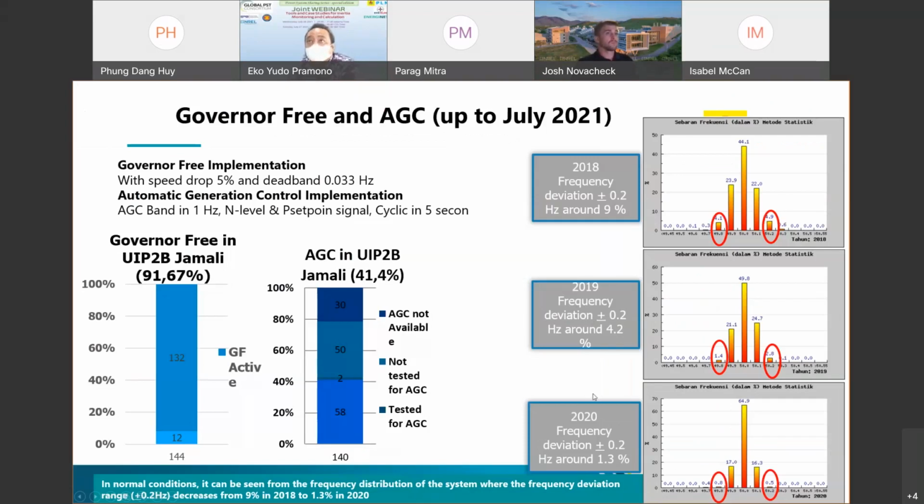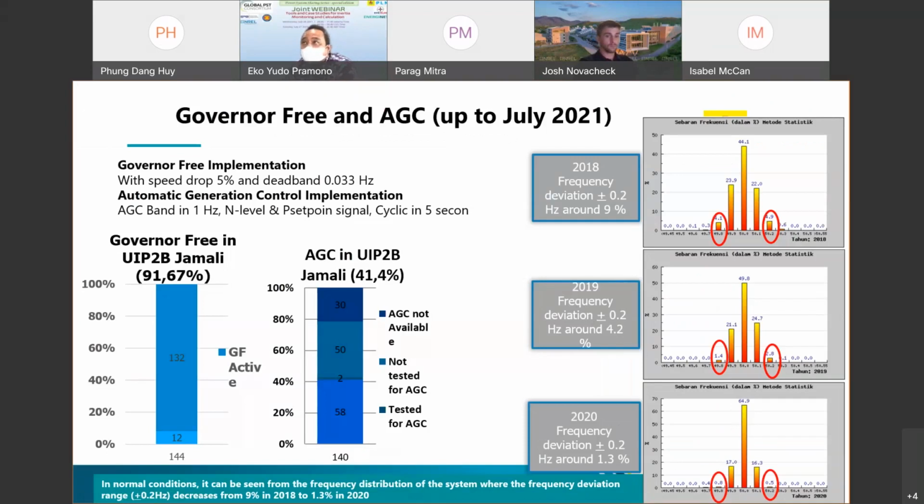This is our frequency response and frequency deviation after we made improvements in governor-free operation and AGC operation.